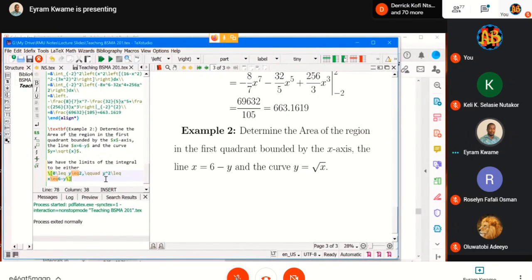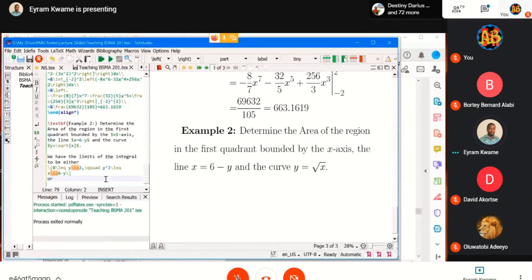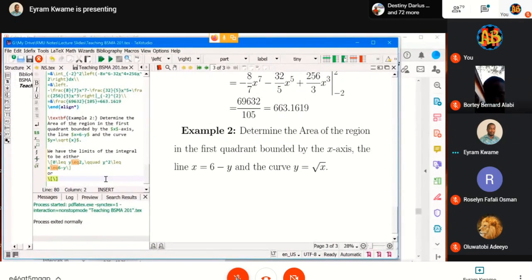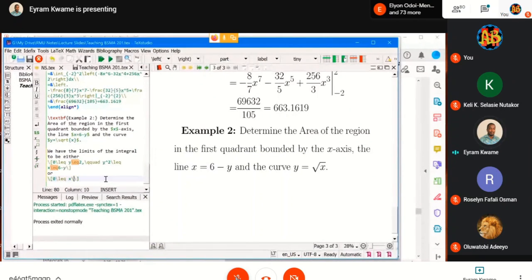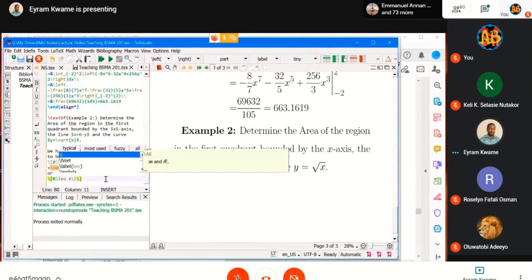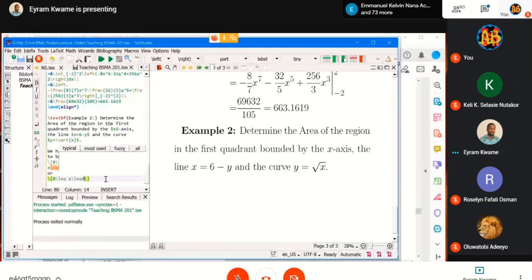So either this or this: I either have zero less or equal to x less or equal to 4. So I'm looking at the graph for this.